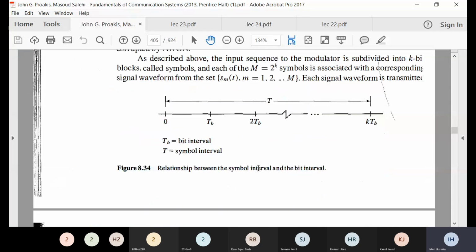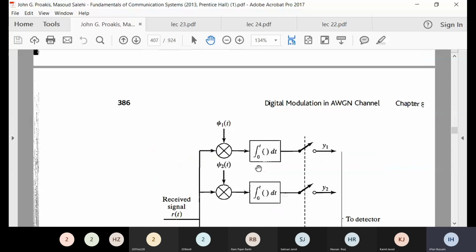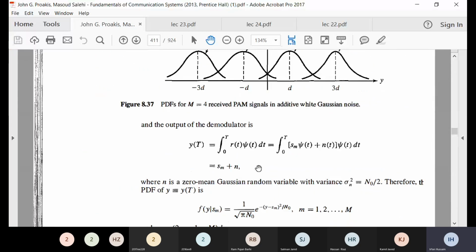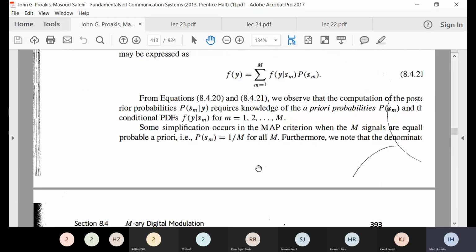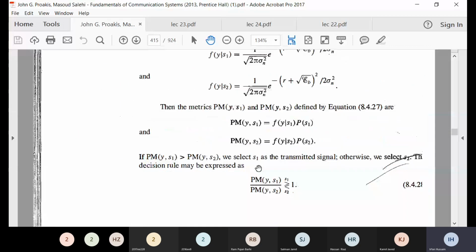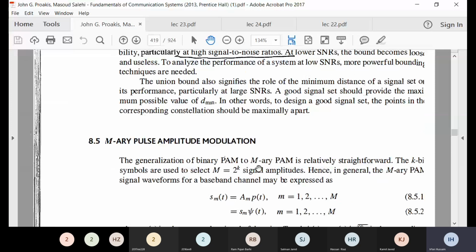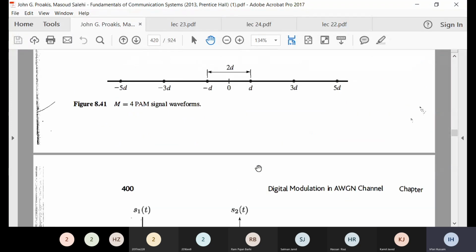If I have some figure here, yes, you can see here, this is M equal to 4 PAM.